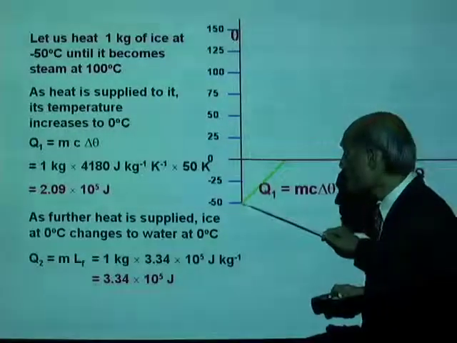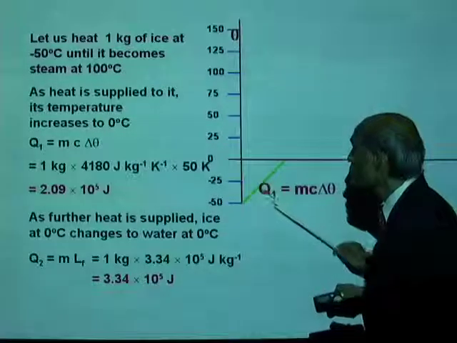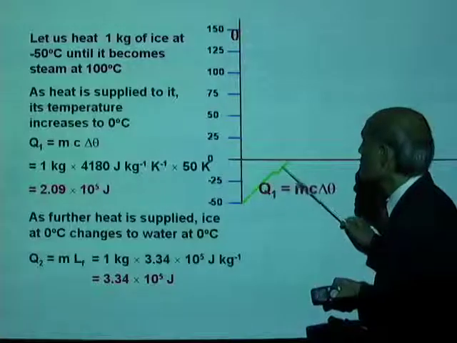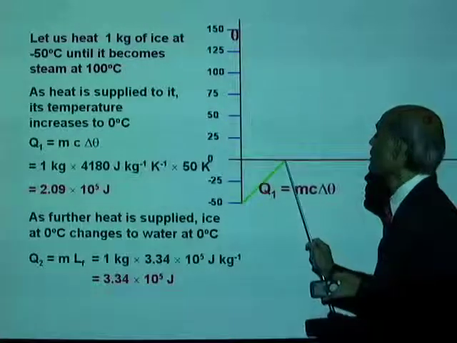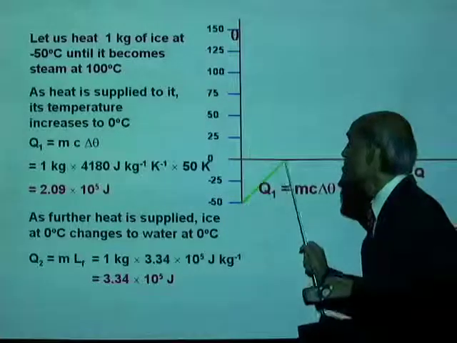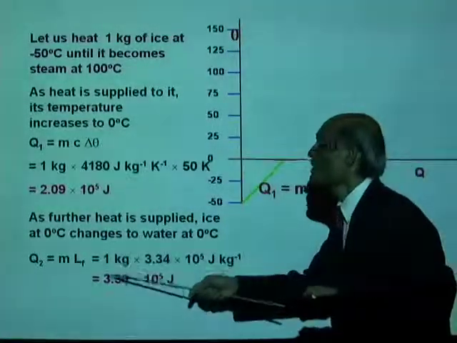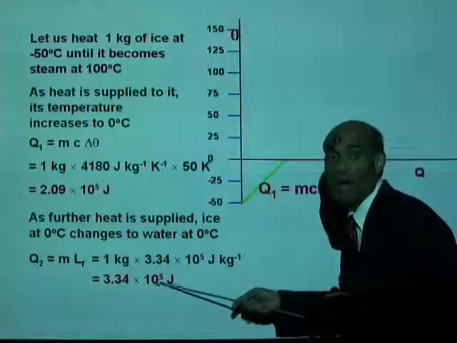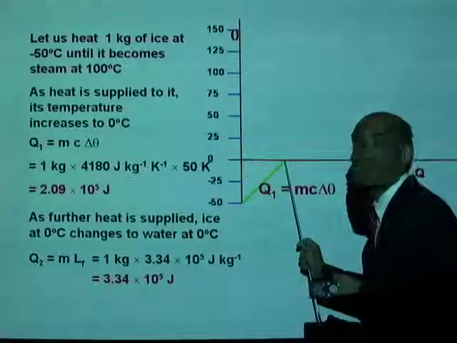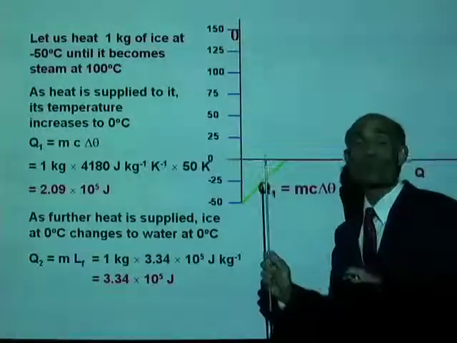By looking at the first stage. In the first stage, the amount of heat Q1 increased the temperature from -50 to 0. So all the ice is now here at 0 degrees Celsius, and now you supply this much amount of heat to it so that ice at 0 degrees will now become water at 0 degrees.